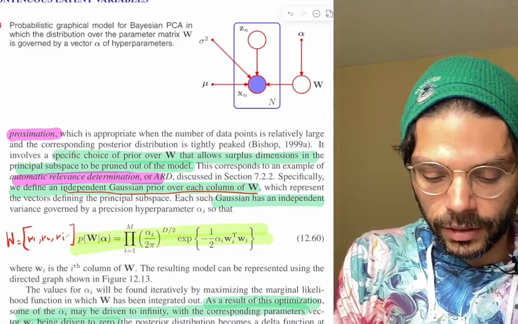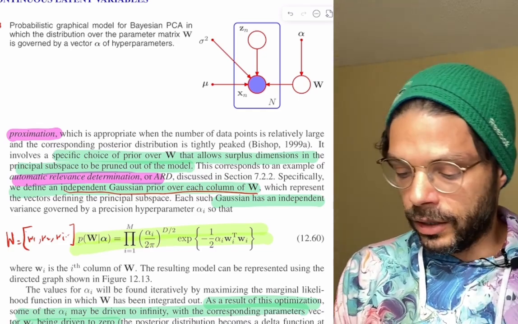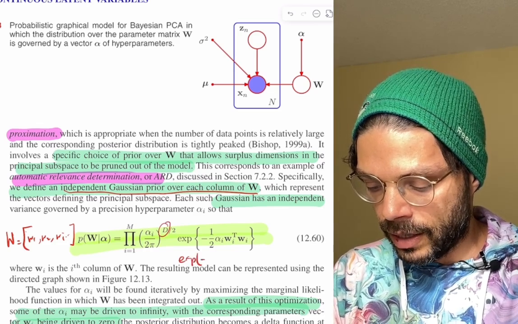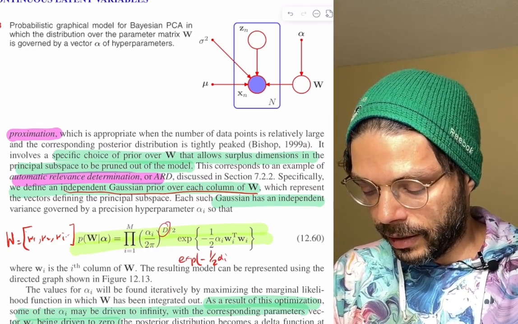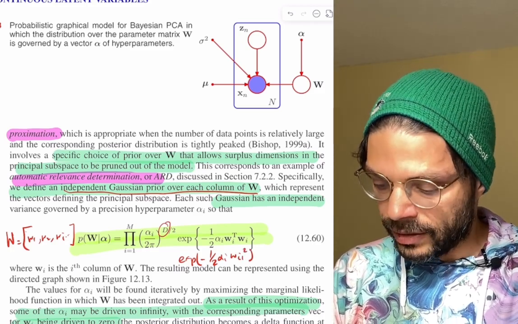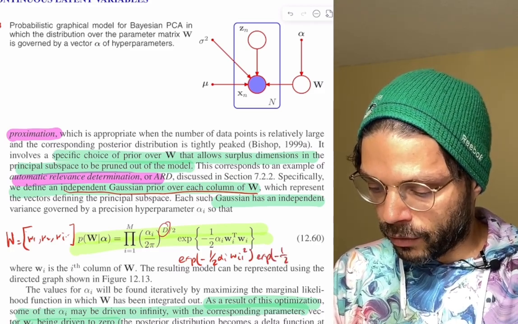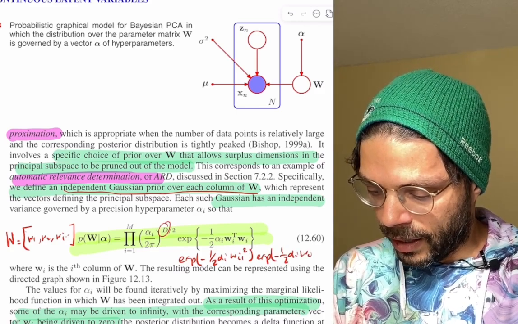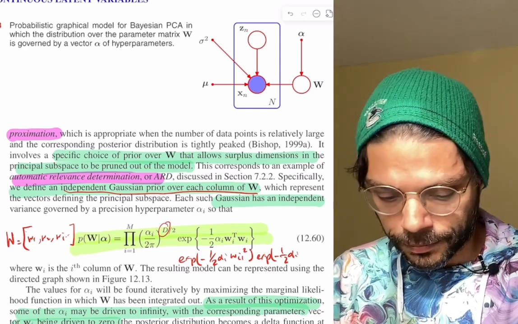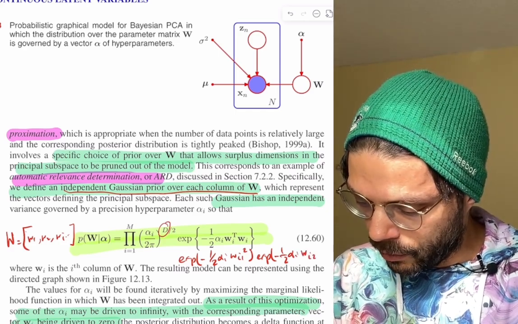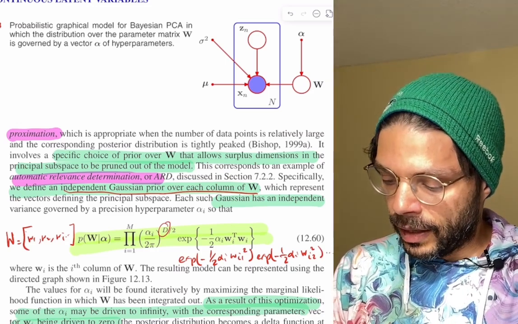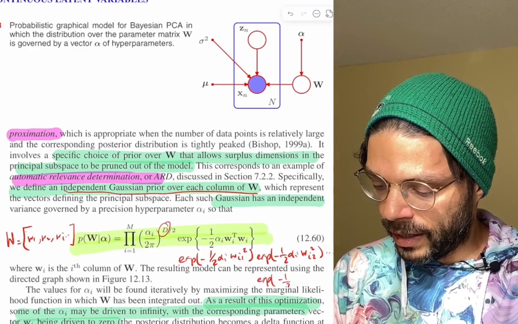One way to write this differently, and to see where the d comes from, is you can write this as exp(-1/2 alpha_i w_i1 squared) times exp(-1/2 alpha_i w_i2 squared), etc. So all the way to exp(-1/2 alpha_i w_id squared).